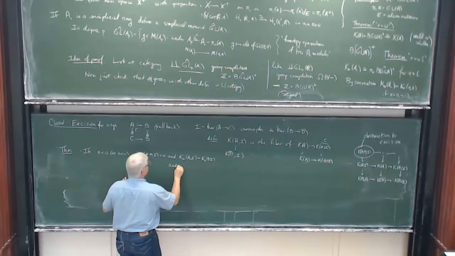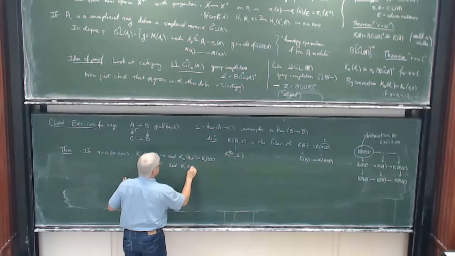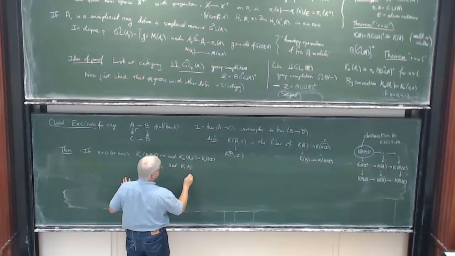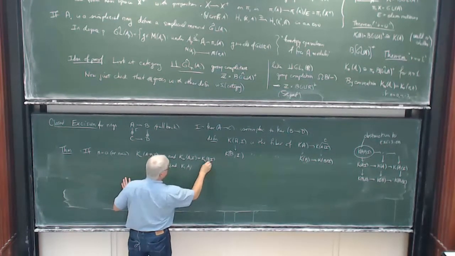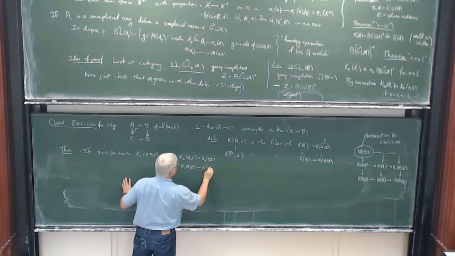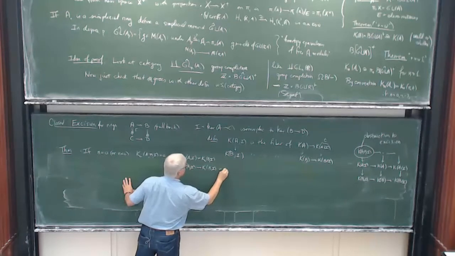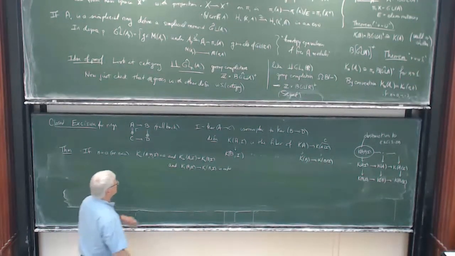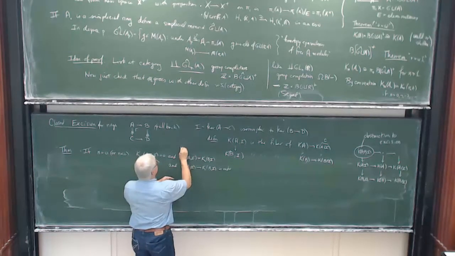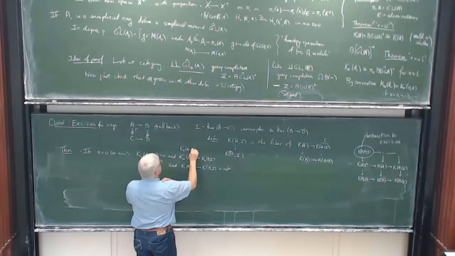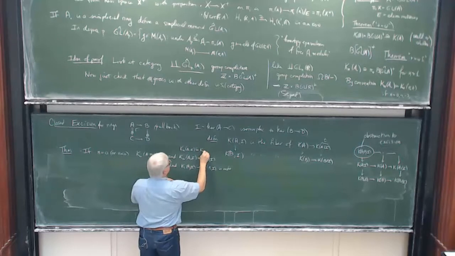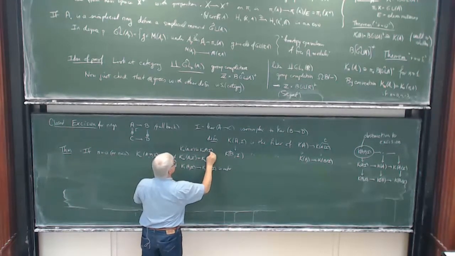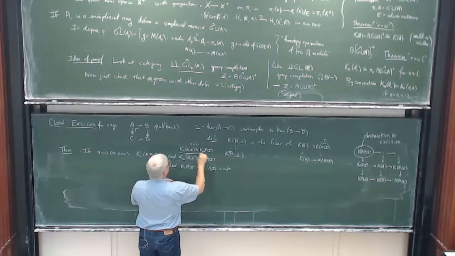And K1 of (A, I) to K1 of (B, I) is onto. And the same thing is true for negative groups. Kn of (A, I) is isomorphic to Kn of (B, I) if n is negative.